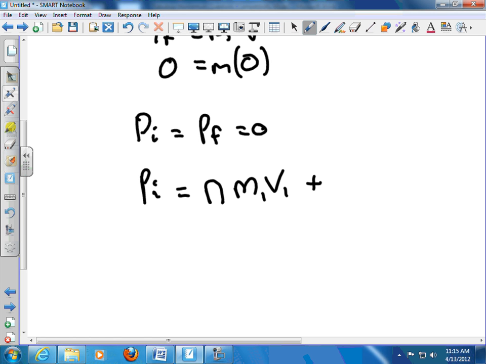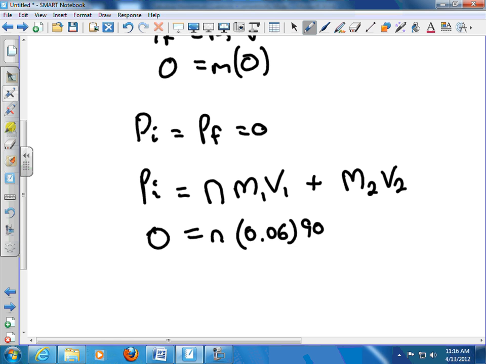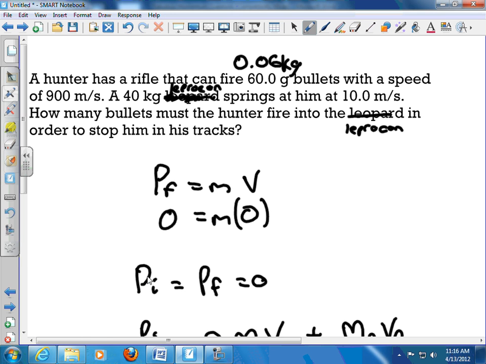It could be N, X, whatever. Plus the mass of the leprechaun times his velocity. So 0 equals N times 0.06 times 900 meters per second plus 40 kilograms times 10 meters per second.